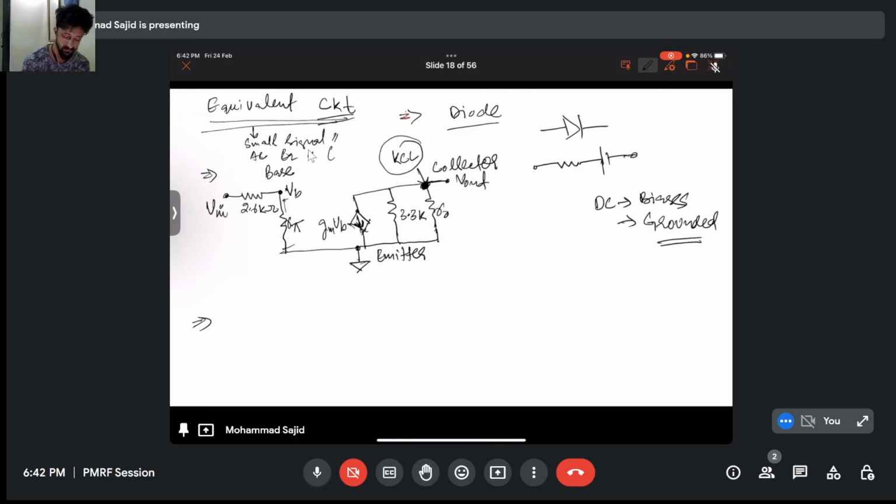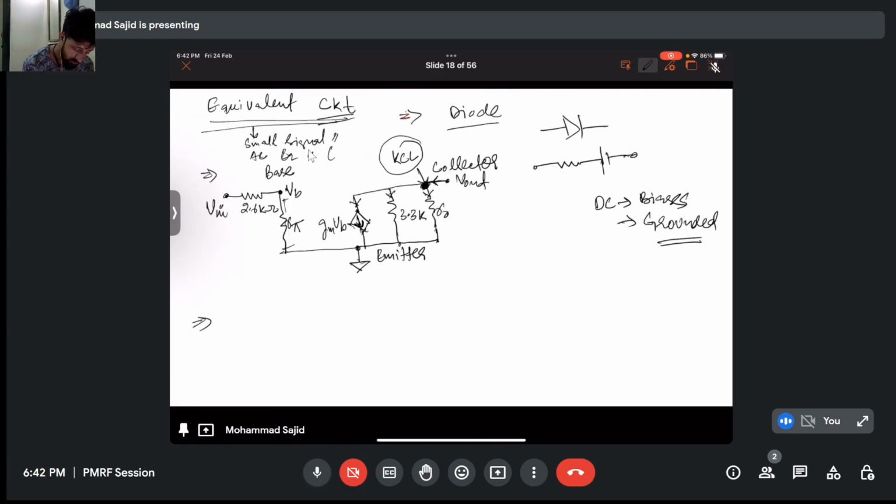So if you use KCL at this node, let's say the output current comes in this way. This will go in three directions, right?